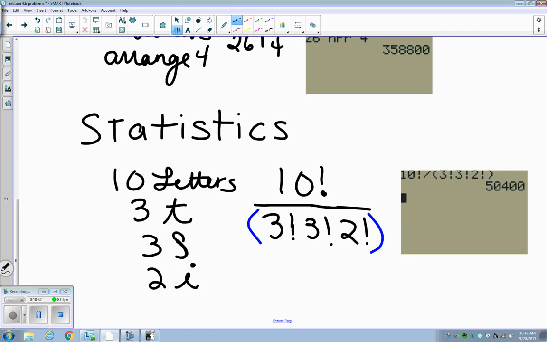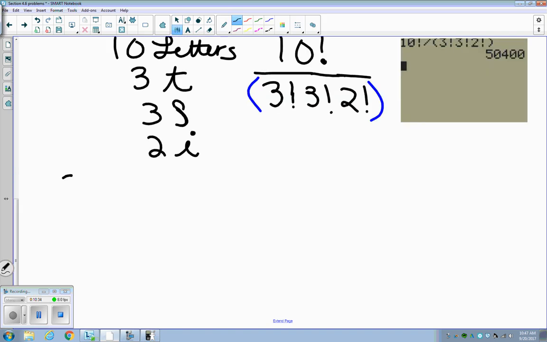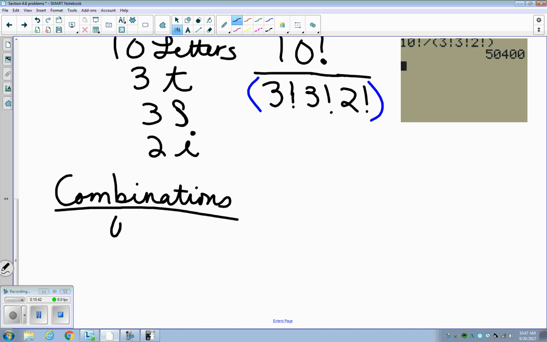The last counting principle we covered was combinations. And this is when order does not matter.